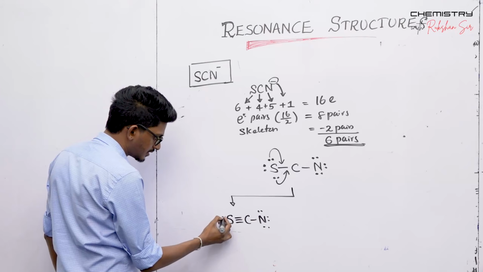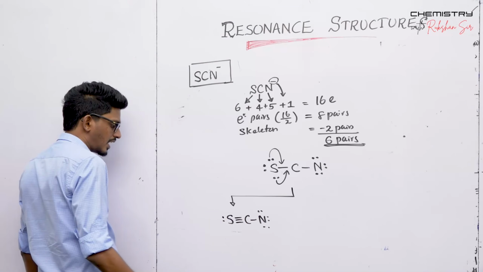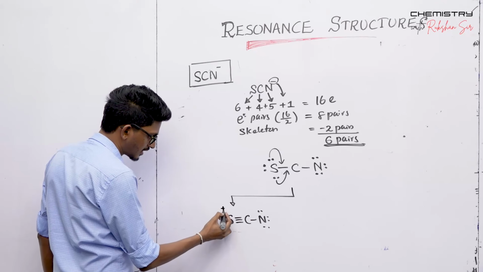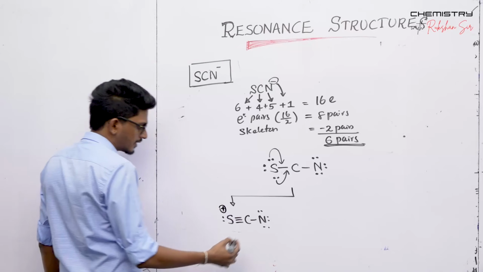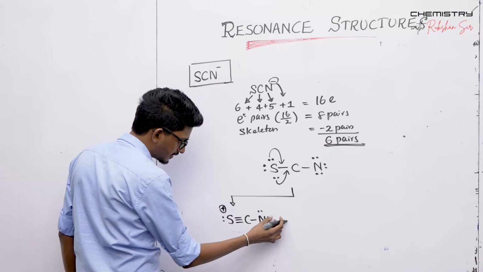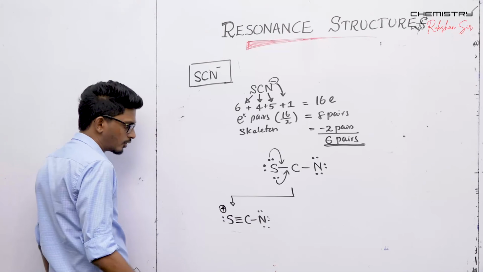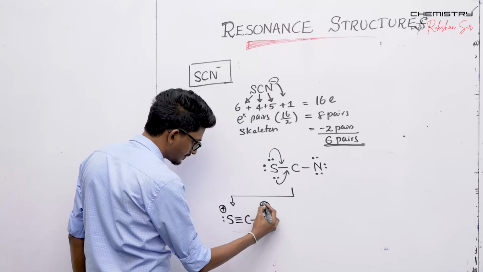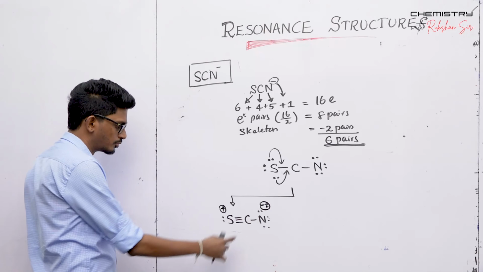So you can mark the charges: 1, 2, 3, 4, 5, 6, should be only 5 for the sulfur, so plus 1 charge. And for nitrogen, 1, 2, 3, 4, 5, 6, 7, only 5 should be there, so minus 2 charge. Carbon is without a charge, 4 should be there and 4 is there.